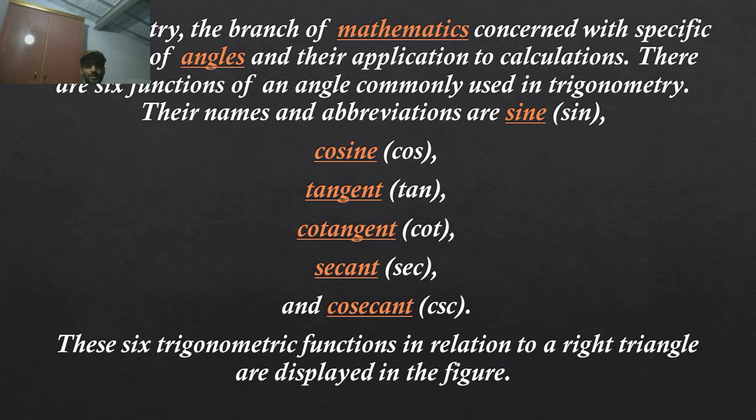Their names and abbreviations are sine, sin; cosine, cos; tangent, tan; cotangent, cot; secant, sec; and cosecant, csc. These are the shortcut keys.